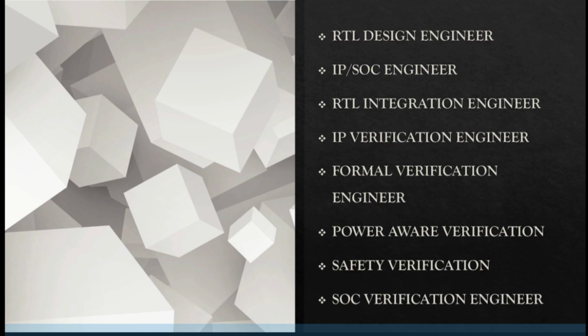Because whether it is a design or something, you can't write the entire code by yourself, is it or not? Every single person will be writing some basic modules, and all these modules will be integrated. So this IP engineer or SOC engineer basically does the same thing as the RTL design engineer, just the designation is different, that's it.